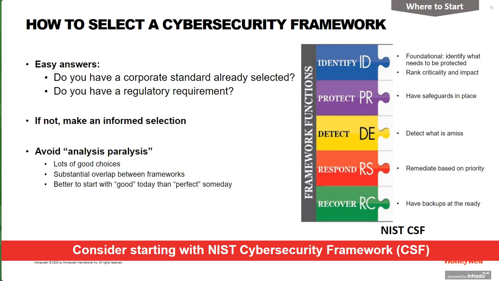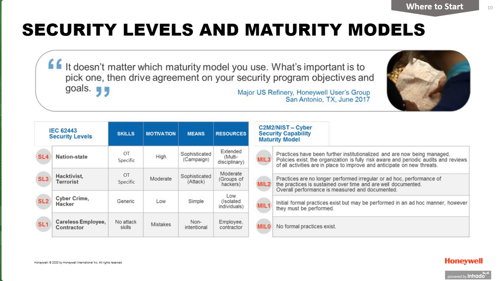And so once you've started, the next step would be around what do you want to shoot for, which is the security levels and maturity models. I've put in this slide again as an educational piece so that you can refer back to it after the webinar. There are different security levels, SL1 to SL4.